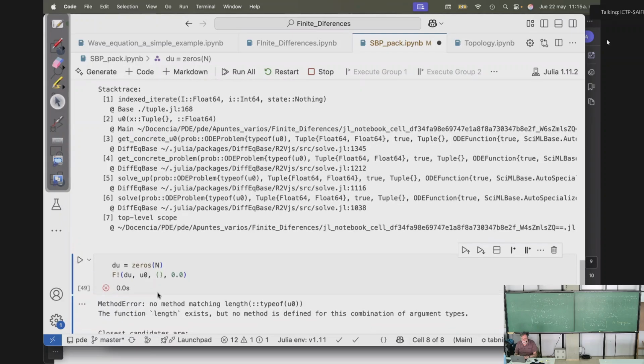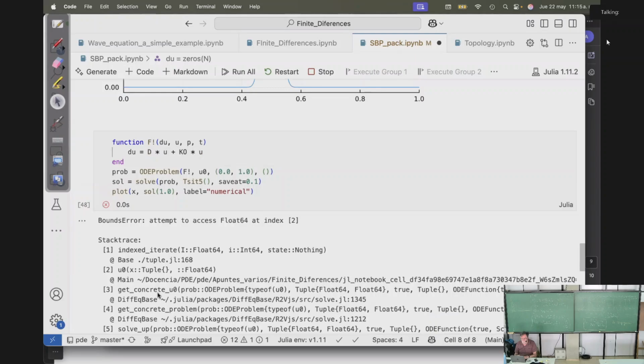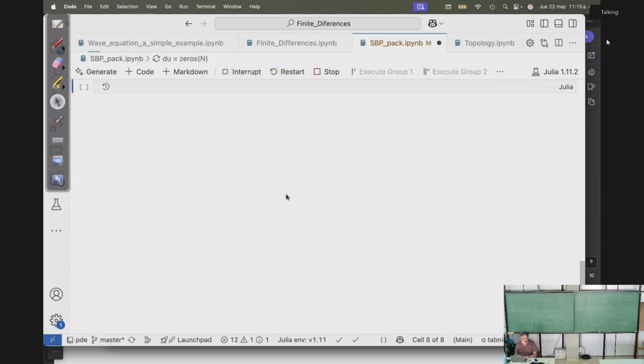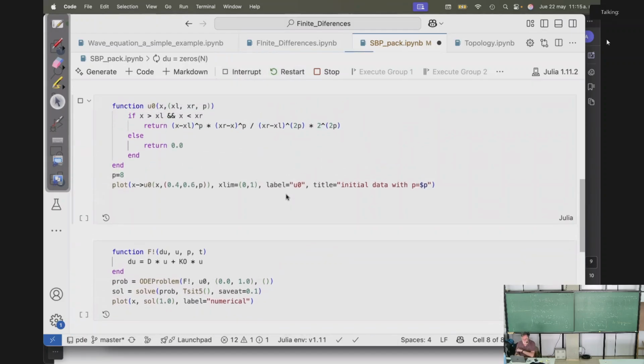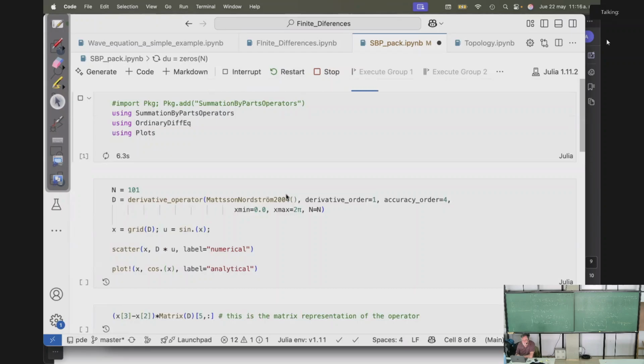There is a problem with the U0. So I'm restarting everything because there must be something.